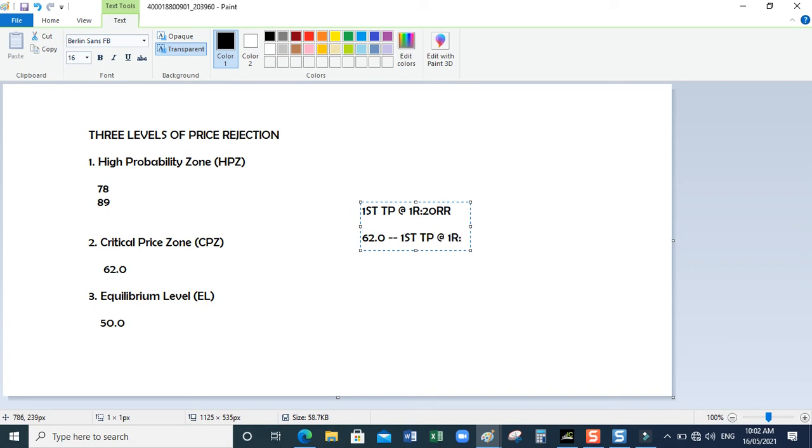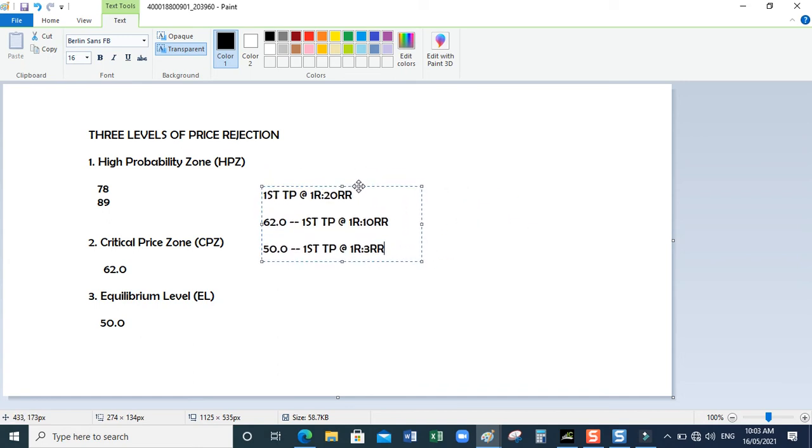For 50.0, your first take profit target could be around 1/3 RR, the risk reward ratio. So these are the experiences we have in the market trading these zones.